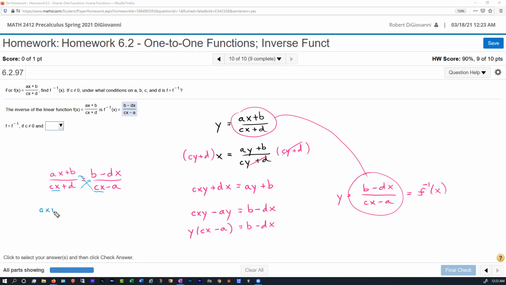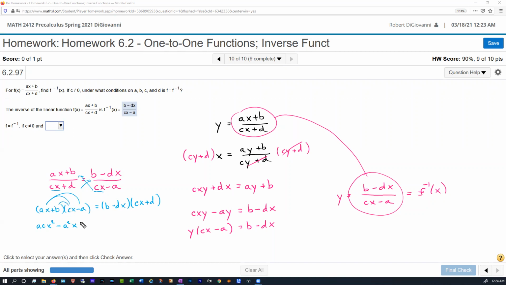So we get (ax plus b) times (cx minus a) must equal (b minus dx) times (cx plus d). Now we FOIL. Here to here, we get acx squared. Now here to here, we get minus a squared x.